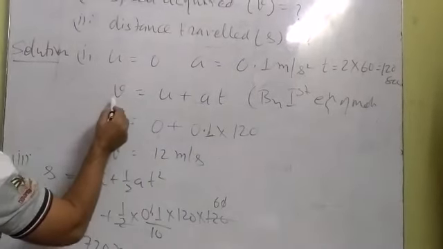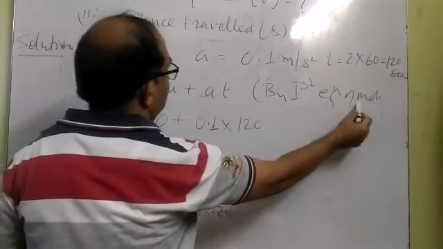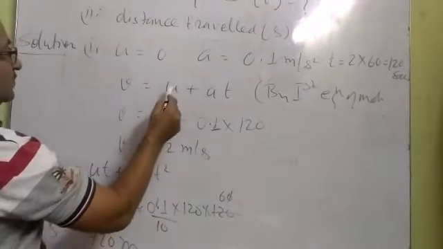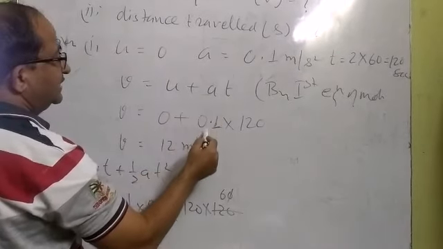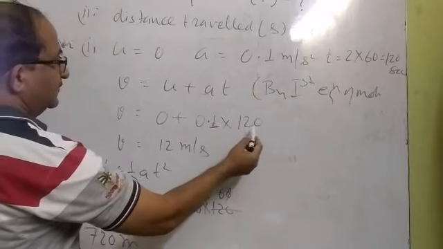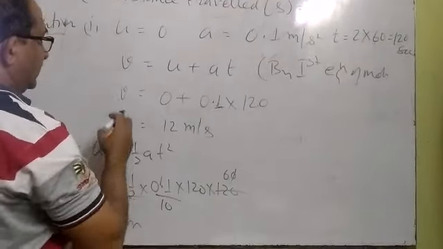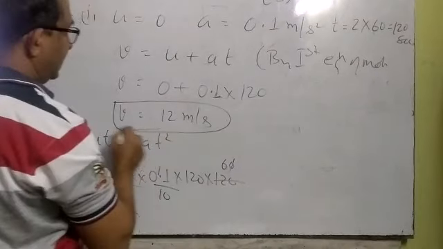We need to calculate V, so V is equal to U plus AT. This is the first equation of motion. So V is equal to U is 0, A is 0.1, T is 120 seconds. After multiplying 120 into 0.1, the final speed V becomes 12 meters per second.